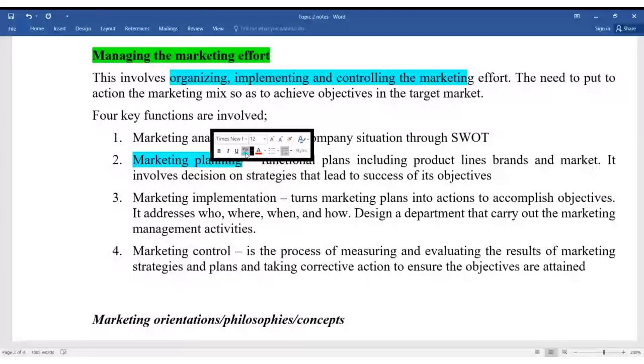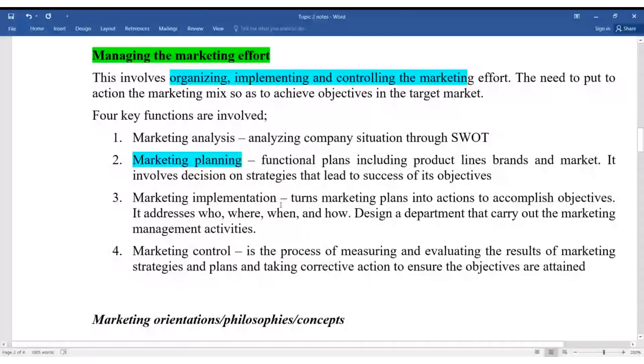That is deciding which product to produce, whether it's a product line or a brand, or deciding which market to enter.